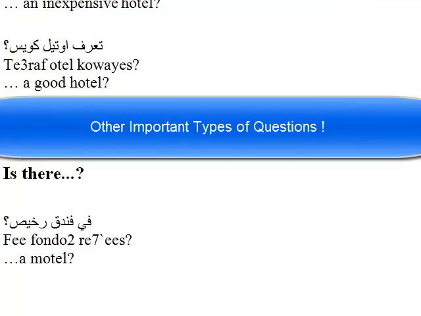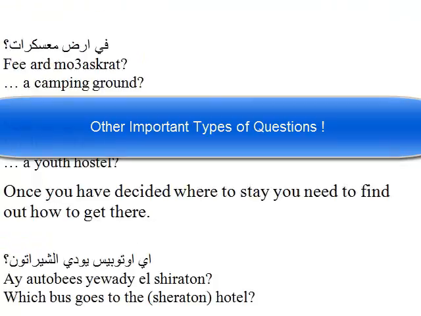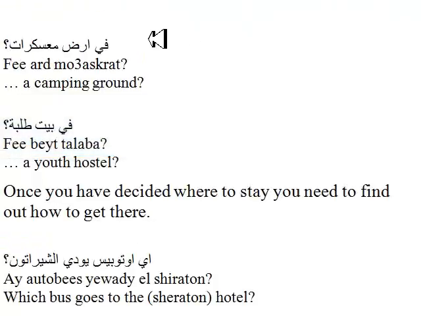So we can say في فندق رخيص, it's a motel. في أرض معسكرات, it's a camping ground. Camping means معسكرات, and أرض is ground. في is like is there. في بيت طلبة, is there a youth hostel?